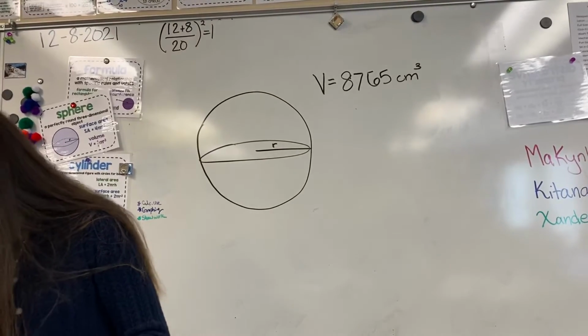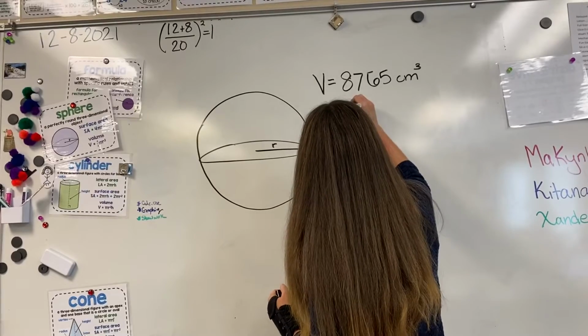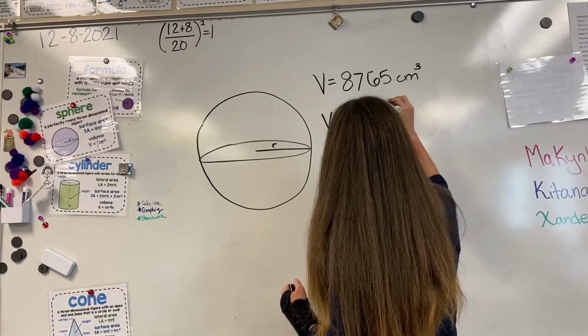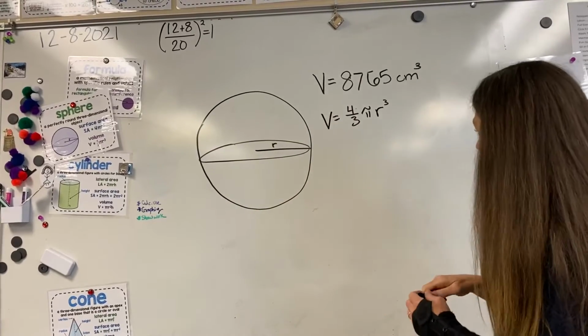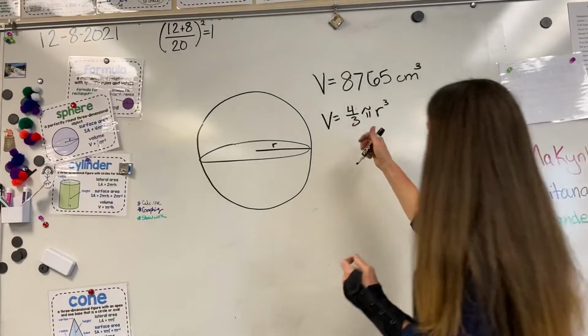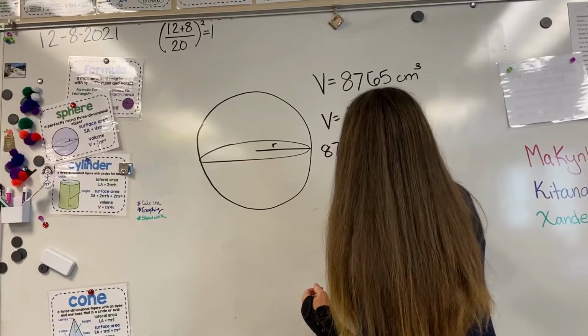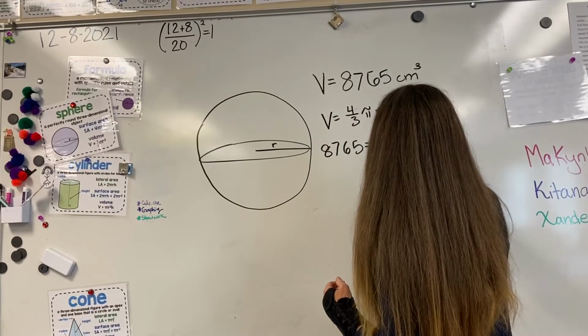What's the formula for the volume of a sphere? It's 4/3 pi r cubed. Okay. So this time I know the volume. So I have 87.65 equals 4/3 pi r cubed.